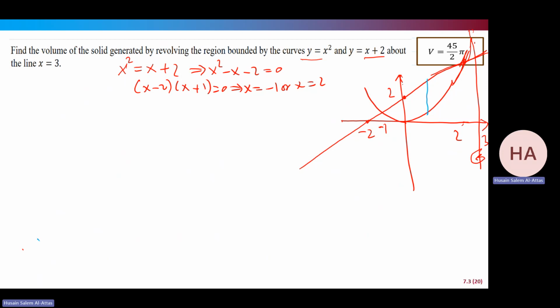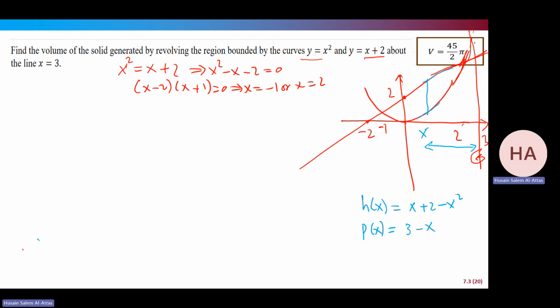So what do I have? h of x will be what? It will be the line minus the parabola, this minus this. What is b of x? If this is x, I want this distance, which is 3 minus x.